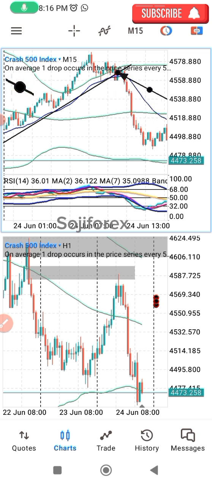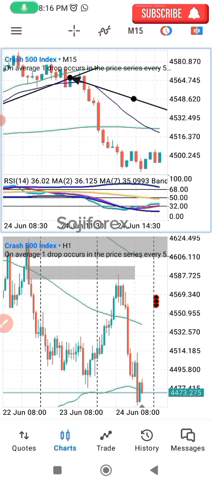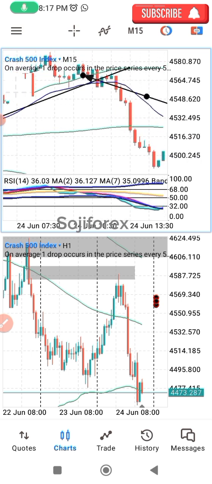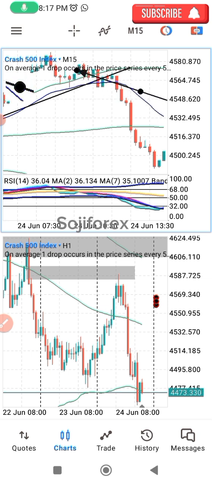And as you can see, we have this trend line. And if you look at it critically, what happened? Price broke out and closed below the trend line, which is our confirmation number 2.